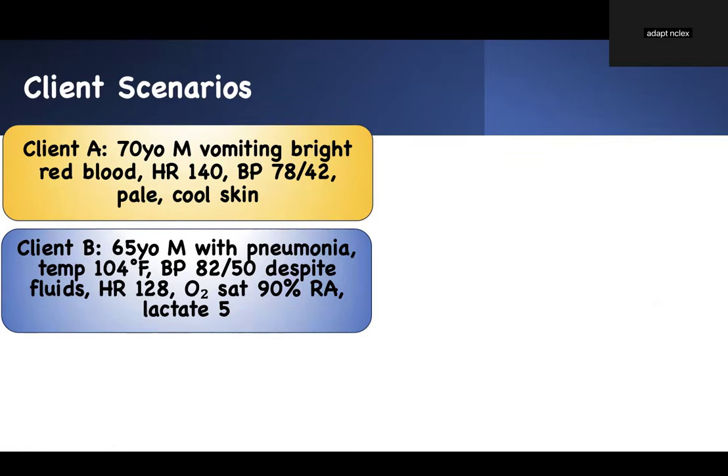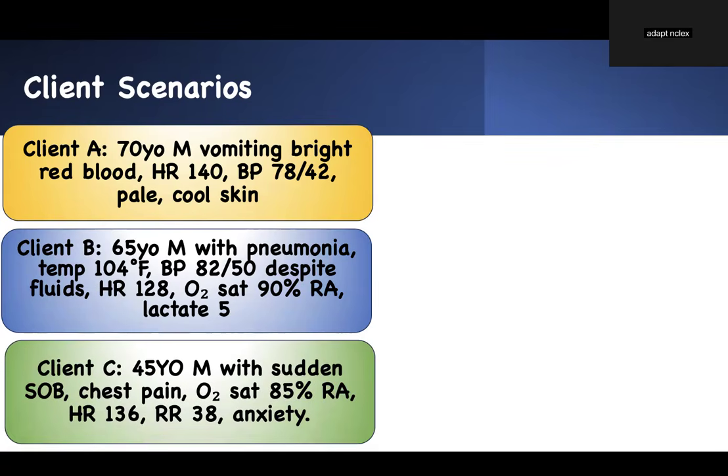Client B, a 65-year-old with pneumonia, temperature 104, blood pressure 82 over 50, and fluid not responding with the blood pressure, refractory hypotension, at a rate of 128 and a lactate of 5. That is severe sepsis with acidosis, a bad problem. Client C, a 45-year-old with sudden onset of shortness of breath, chest pain, saturation 85 on room air, heart rate 136, respiratory rate 38, and anxiety.